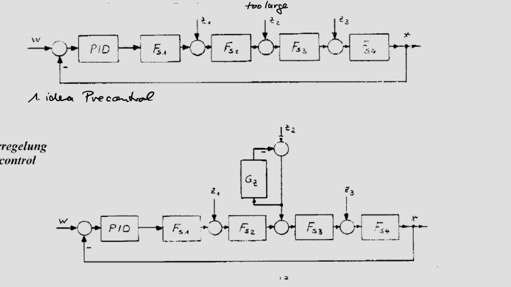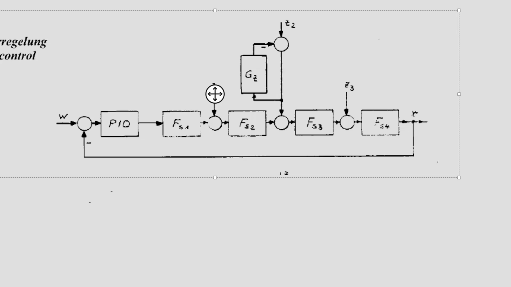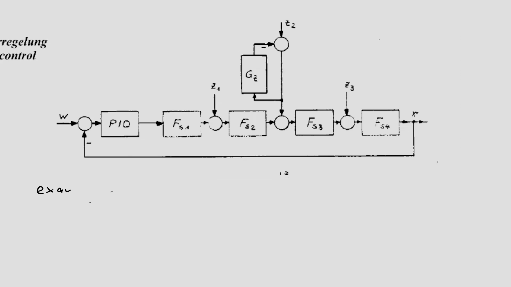Sometimes it is possible that we can interrupt the connection between the disturbance and the original loop by adding some hardware. An example of pre-control is the following.